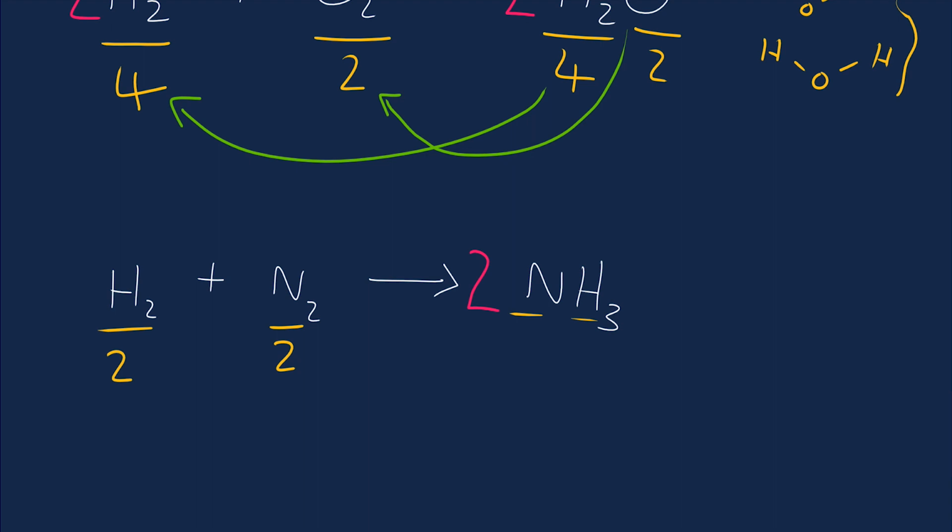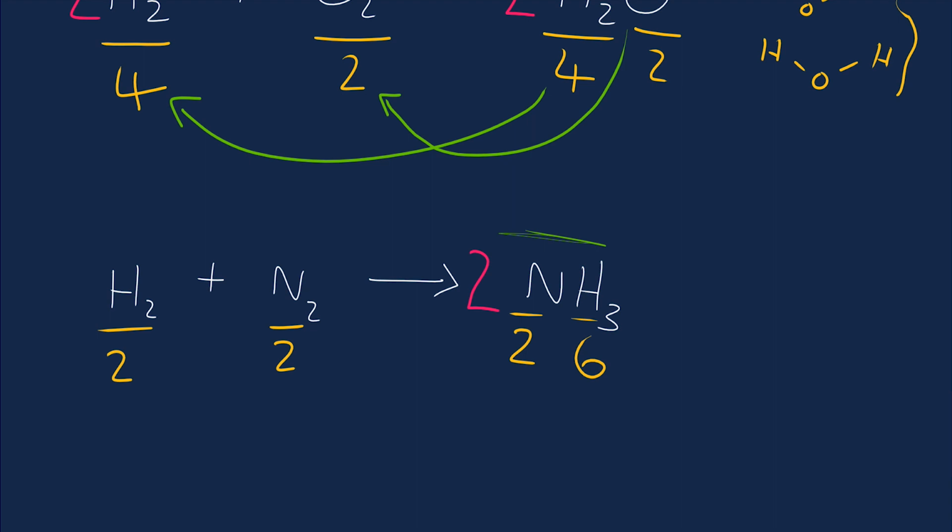So 2 times 1 nitrogen per molecule gives us 2 nitrogen, and 2 lots of 3 hydrogen per molecule gives us 6. So we have 6 hydrogen and 2 nitrogen now on this side of the equation. We've made some changes over here, and we need to chase those back across to see what is now out of balance on the left hand side and correct that.